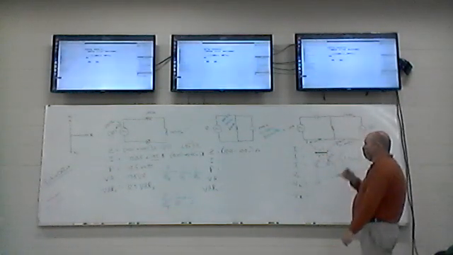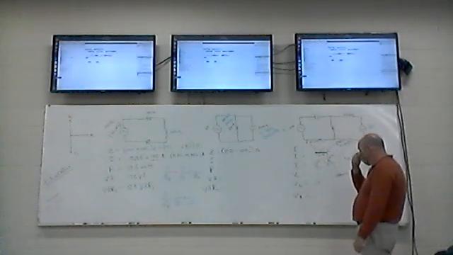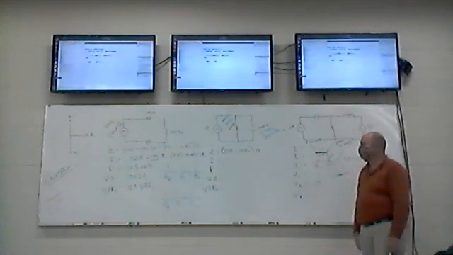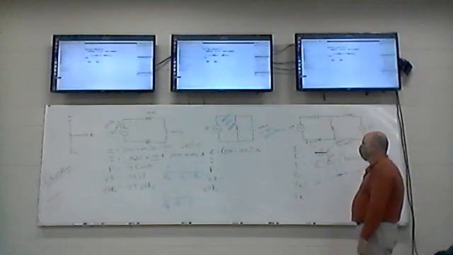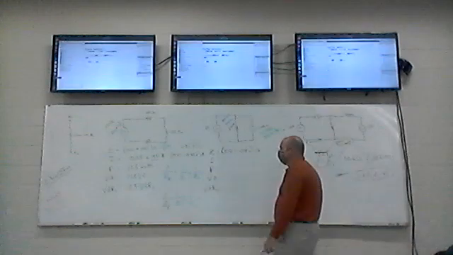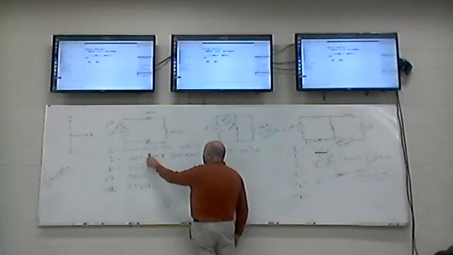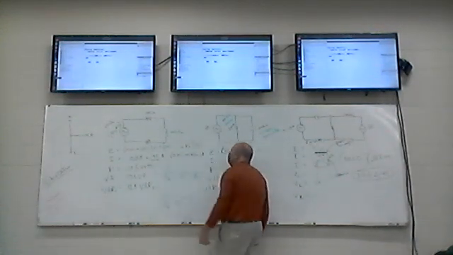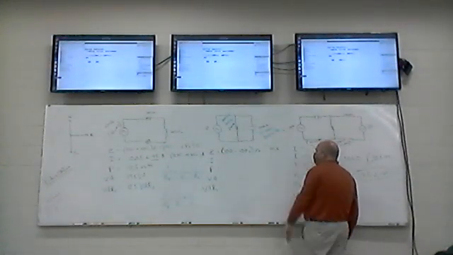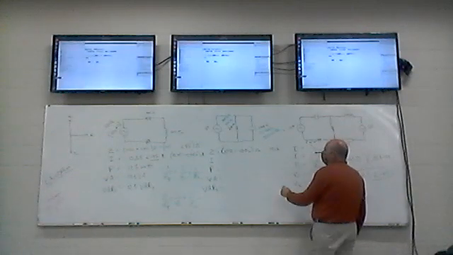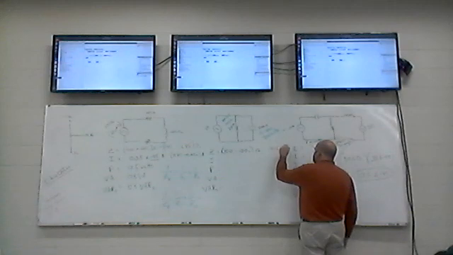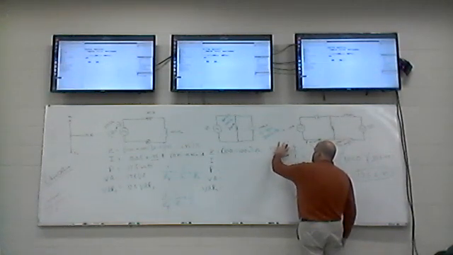All right, what's my rectangular form of 100 minus 100I? 141. Well, this is going to be similar except for the minus sign here, right? So it's going to be 141 and angle negative 45.